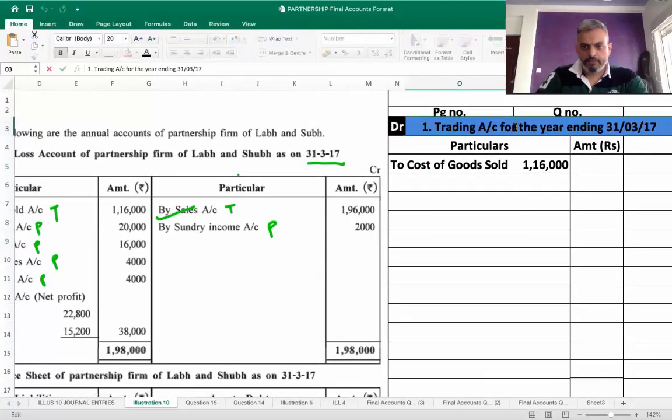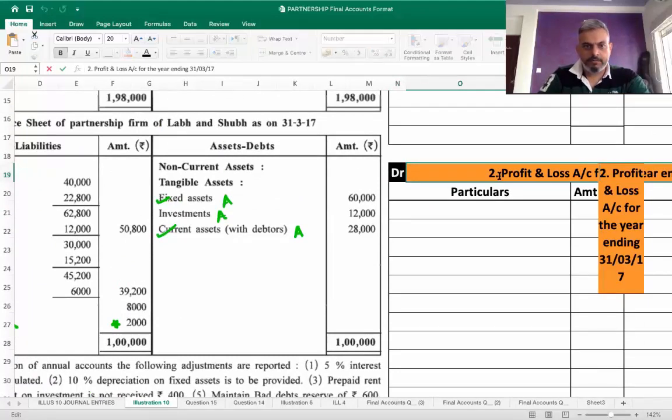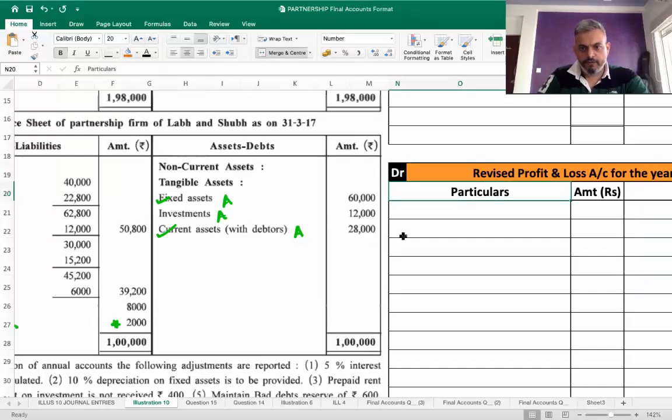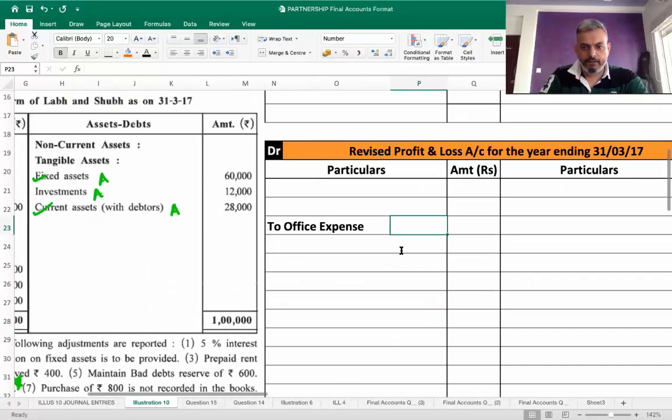Okay, in the trading account, you please mention revised, because everything is revised. Revised profit and loss account. First two lines blank. To office expense, 20,000.